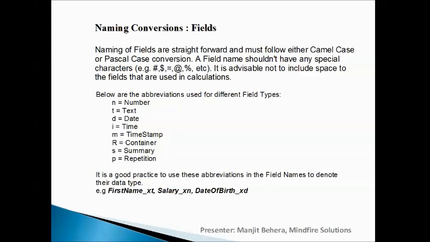Then naming conventions for fields. Naming of fields, like tables, is also straightforward, with either camel case or Pascal case conventions. A field name should not include any special characters like hash, dollar, equal to, at the rate, percentage, or period.